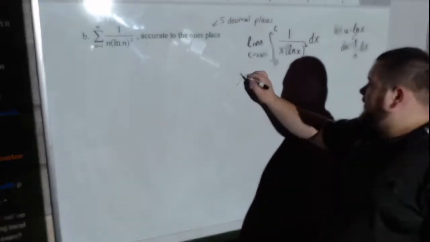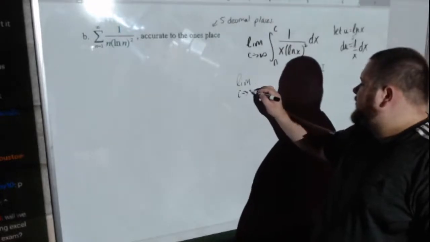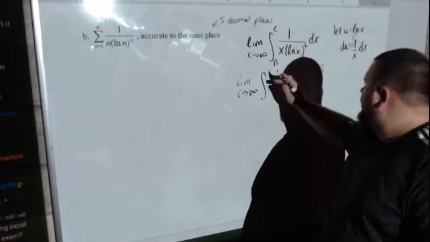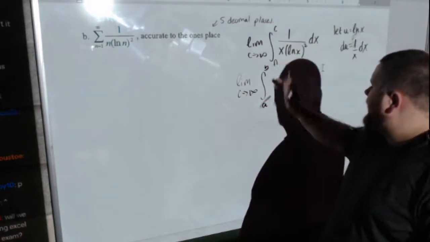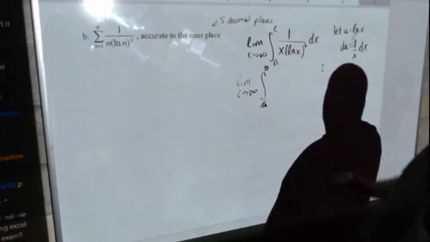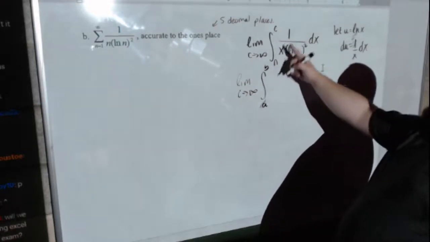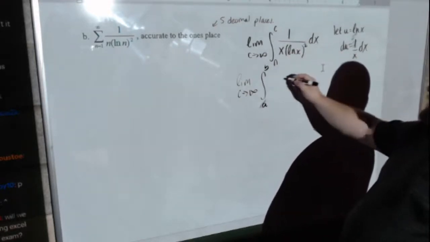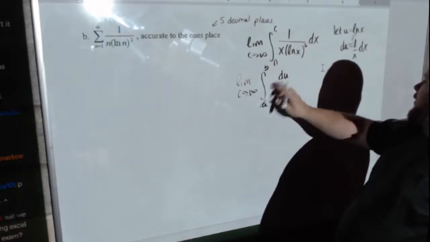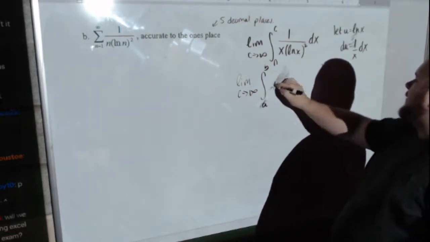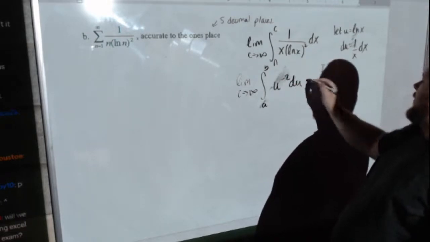So we'd have limit c approaches infinity, integral, this would be some a to b because we need arbitrary ones. We've got 1 over x dx, that's du, and then we'd have over u squared, or we can write it as u to the minus 2 du.